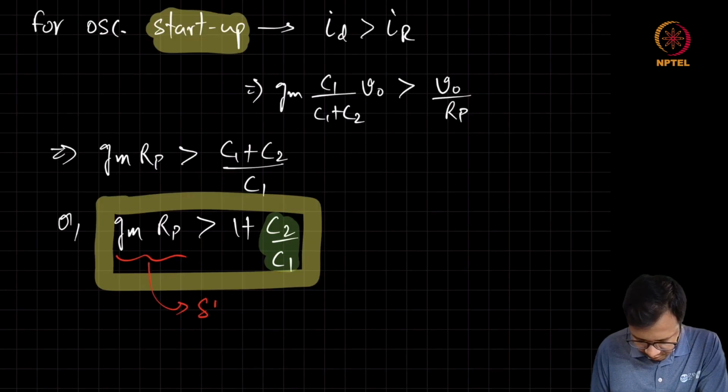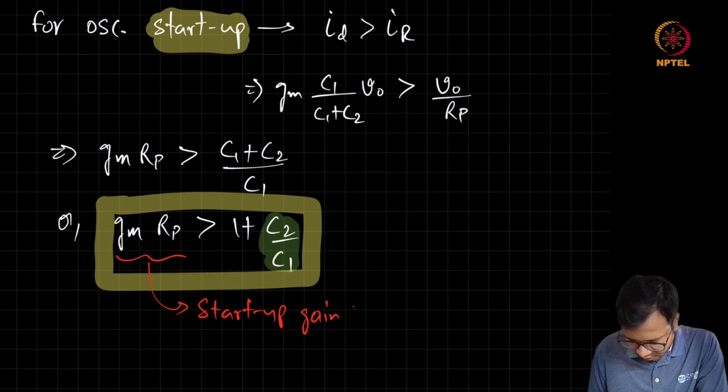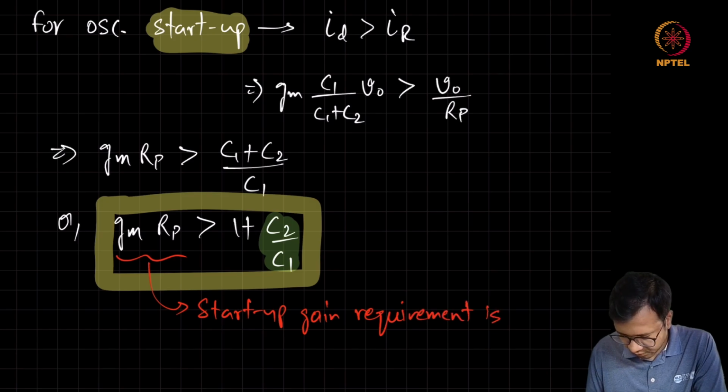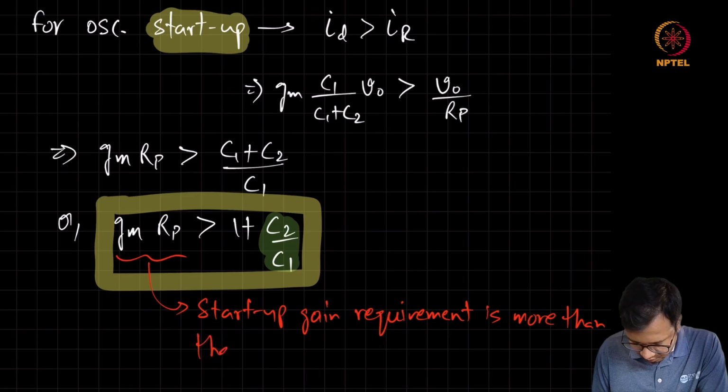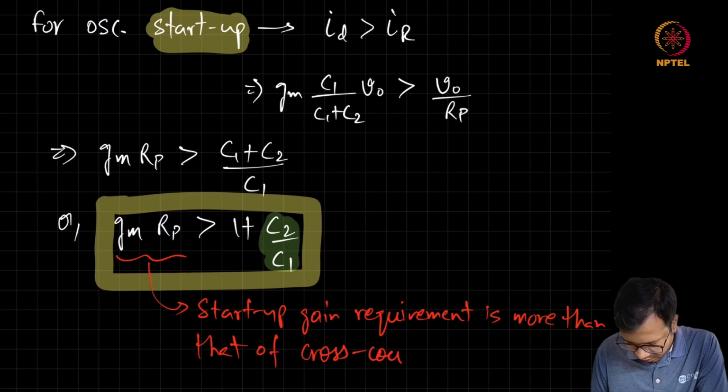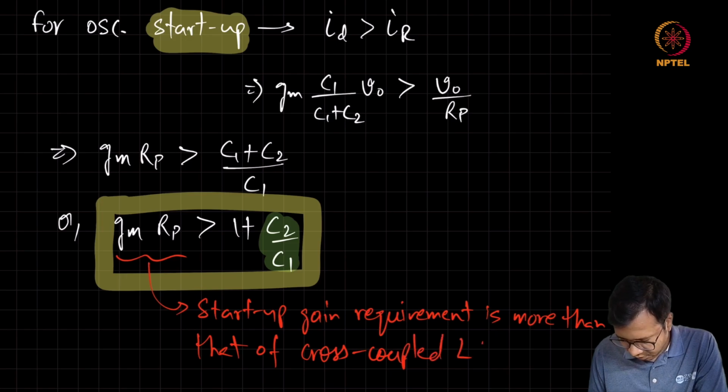So the startup gain requirement is more than that of cross-coupled LC oscillator.